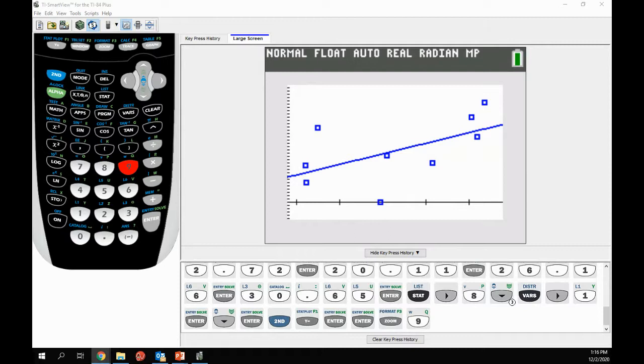Okay, anyone still need time to get the scatter plot drawn? Okay.